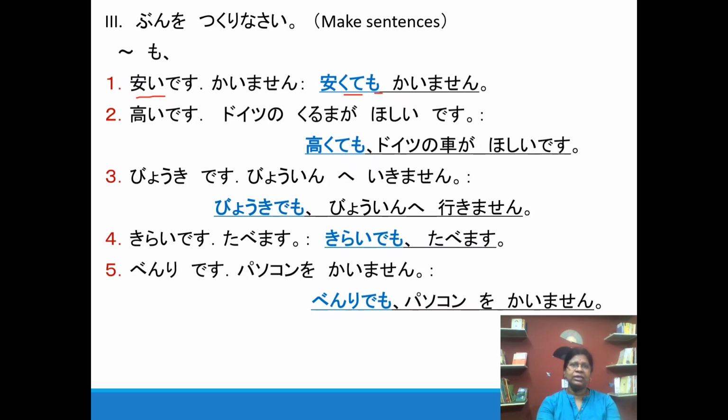In the second question, takai is also an i adjective, so takakutte, mo. In the third question, byoki is a noun, so byoki, de and mo. In number 4, kirai is a na adjective, de, mo. In number 5, benri is also a na adjective, so benri, de, then mo. When it comes to verbs, verbs change to te form. Hope all of you did it correctly.